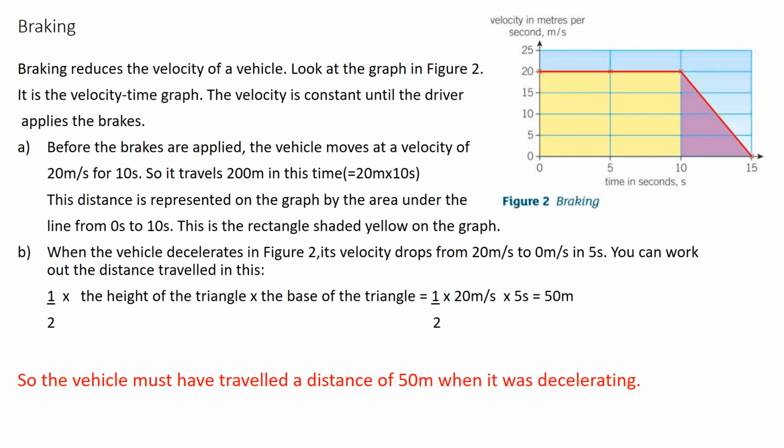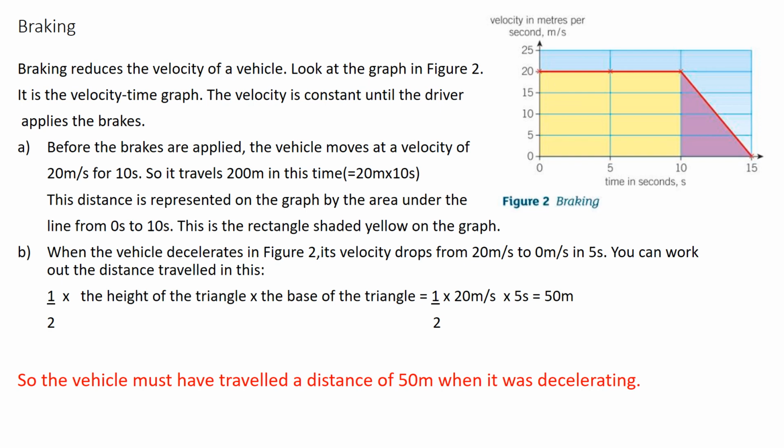So breaking here, you can see that my graph can be divided into a triangle and a square, and so therefore we need to apply a bit of trigonometry. So we need to use the area under the red line between 0 and 10 seconds, and also the area under the triangle between 10 and 15.